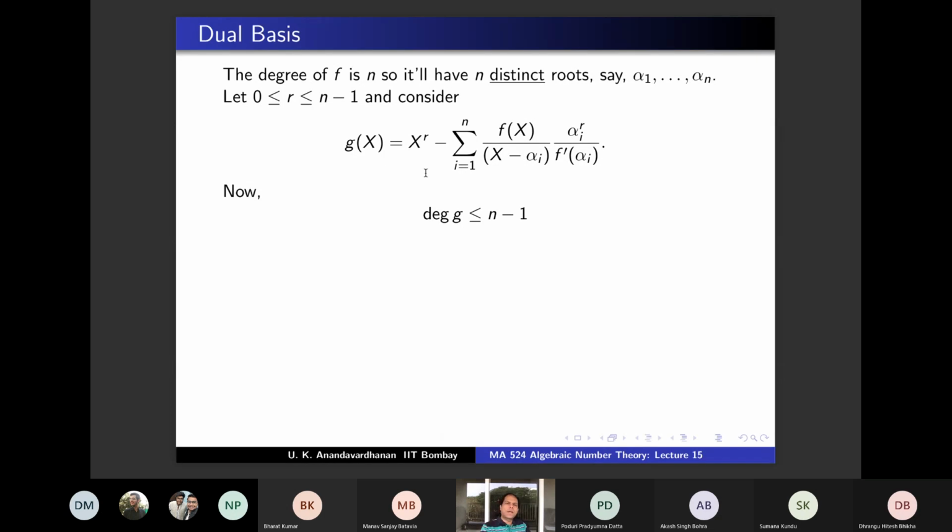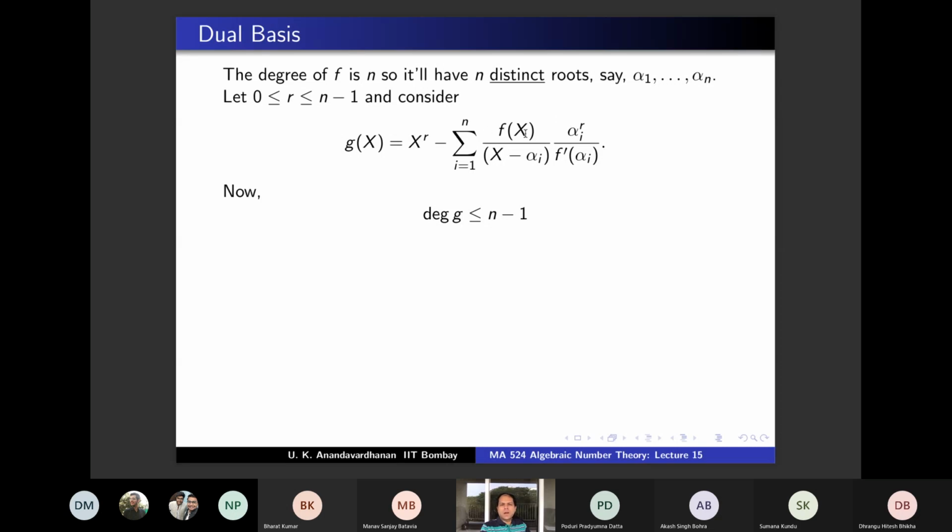On the other hand, take any alpha_i and plug in alpha_i. What is g of alpha_i? Think about it. g of alpha_i will have alpha_i to the power r, and in this summation, what will happen?